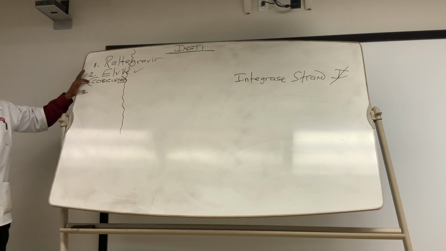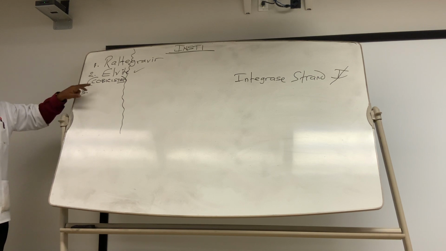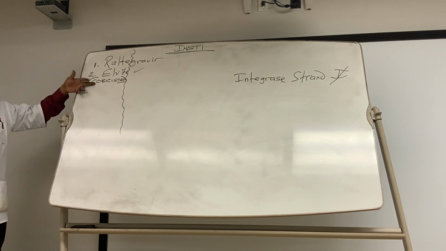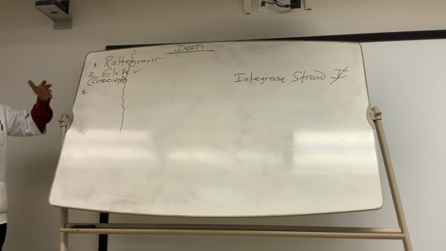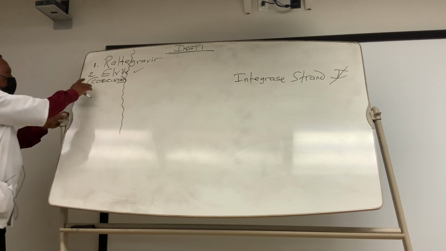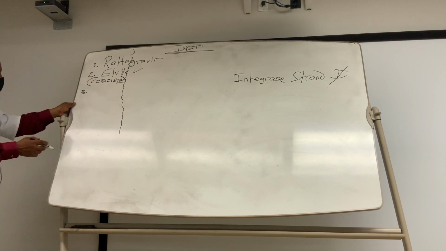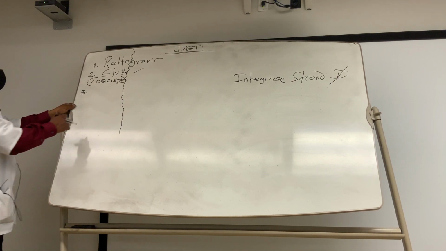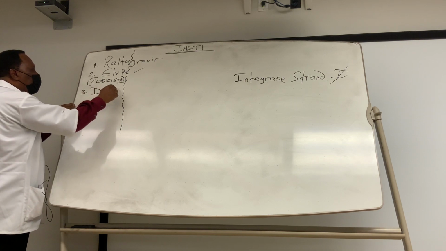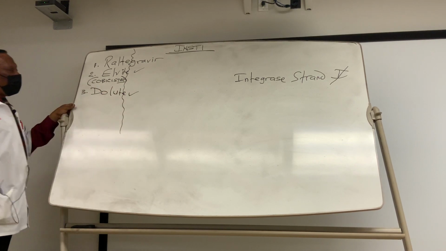Causes a lot of renal problems, you know, and skin problems and jaundice. Those are the main adverse effects of that cobicistat. Nephrotoxicity, then skin issues like rash and so on. And so it can produce that, and then jaundice. Okay, and then you have dolutegravir. Okay.